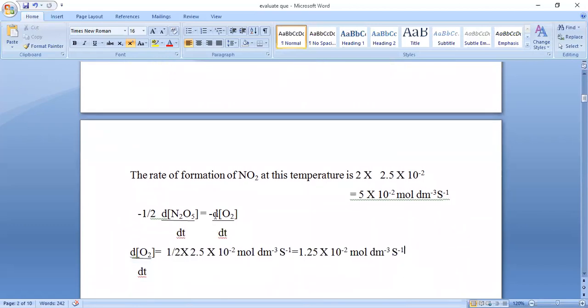So this only we need to find out. We need to write this on the left side. So d of O2 divided by dt equal to 1 by 2 into the rate of disappearance of N2O5, which is given in the question as 2.5 into 10 power minus 2. So 2.5 divided by 2 we are getting 1.25 into 10 to the power of minus 2 mol per dm³ per second.